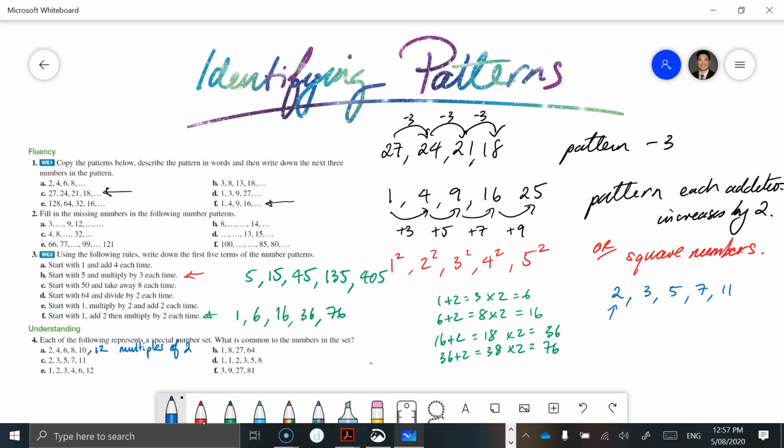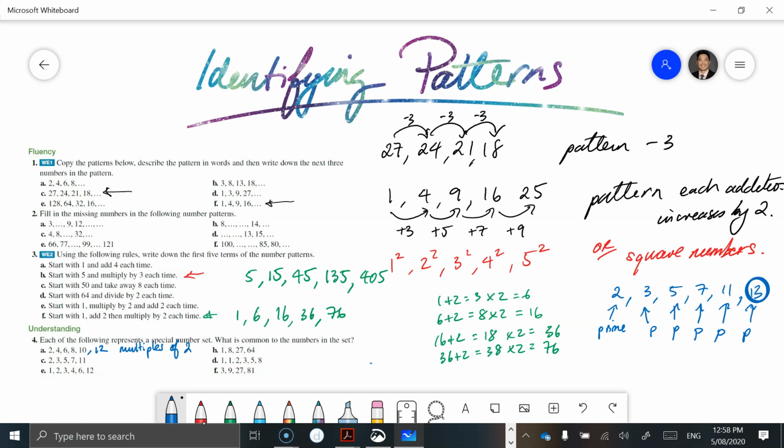Well, 2 is a prime. 3 is also prime, 5 is prime, 7 is a prime number, 11 is a prime number. So every number in between these, 4 is not a prime, 6 is not a prime, 8, 9, and 10 are not prime. The next number that is prime is going to be 13.